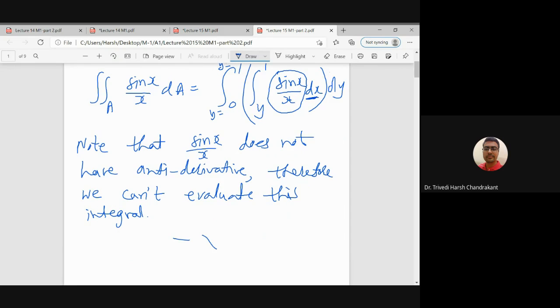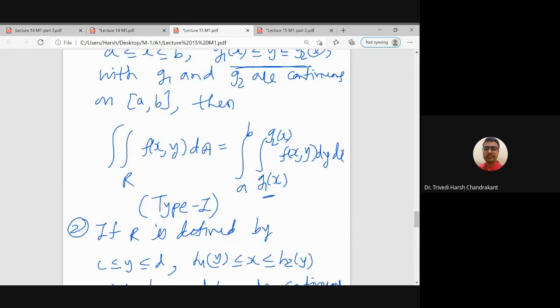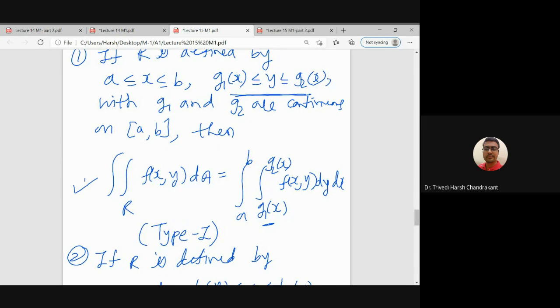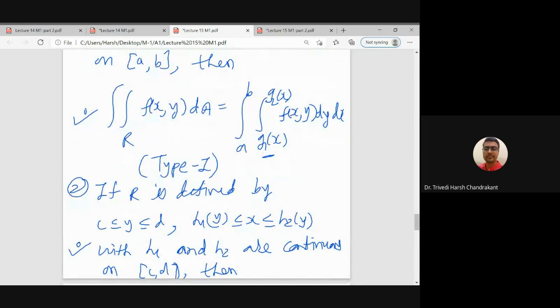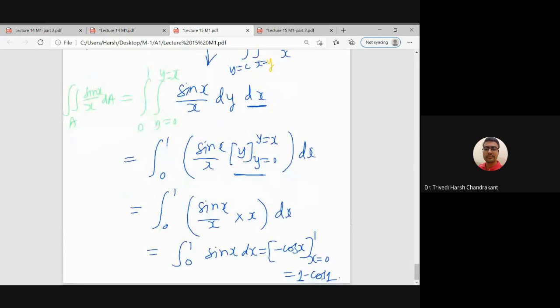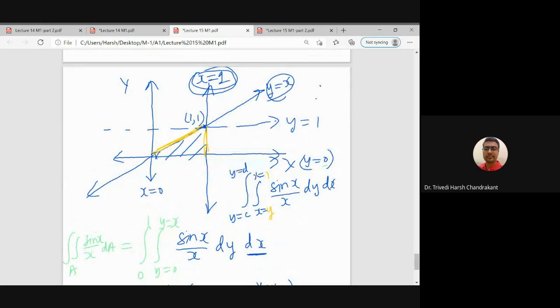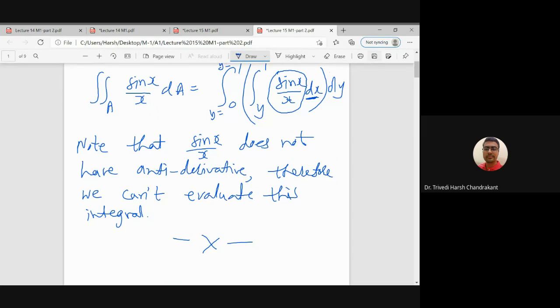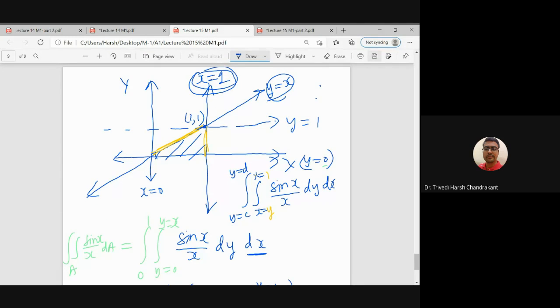On one hand, this formula is helping us evaluate the given integral, but this formula we can't use. So note that here we can find the limits of the integral for this region in both cases. But because the function does not have an antiderivative, using the second method we are not able to find the value of the integral, but we are able to find the integral using the first method. Okay, so let me stop here.